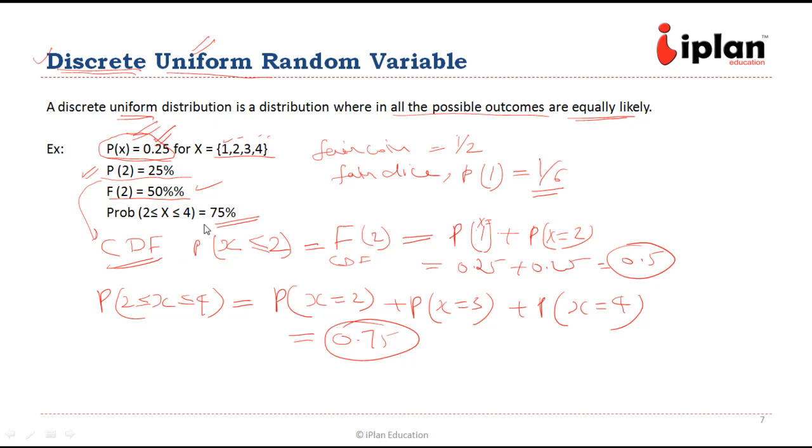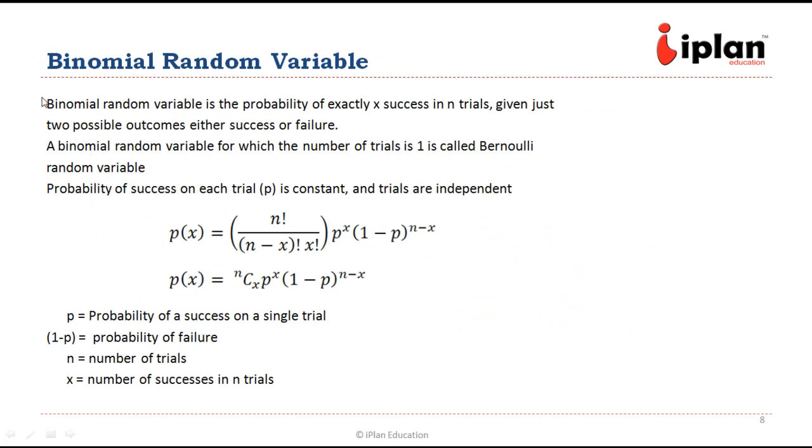Now let us look at a few other random variables. Firstly, the binomial random variable. Binomial random variable can hold only 2 values within it, and this is used where we need to calculate the probability of exactly x success in n trials.